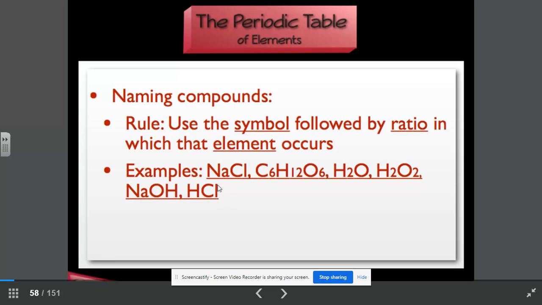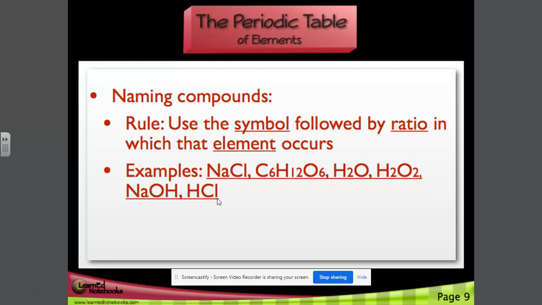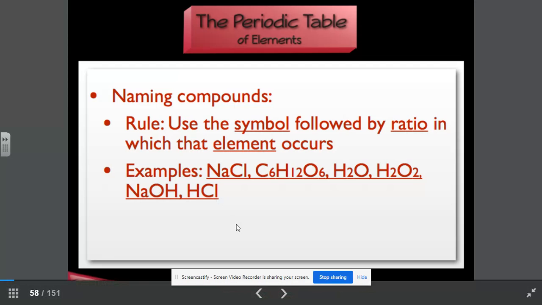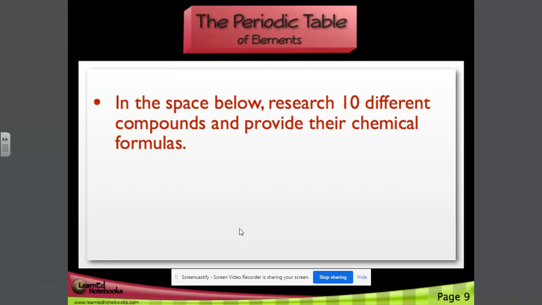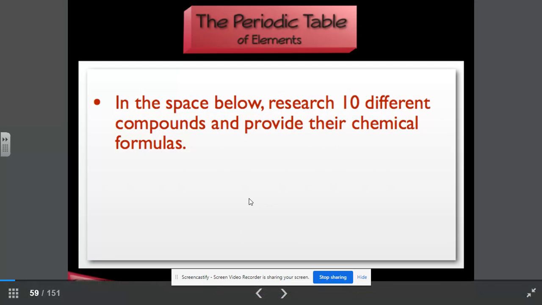Remember, I said if it's followed by a lowercase letter, we know that's 1 element. So 2 elements, hydrogen and chlorine, combine together to give us hydrogen chloride. In class, we're going to be researching 10 different compounds. We're going to provide their chemical formulas.